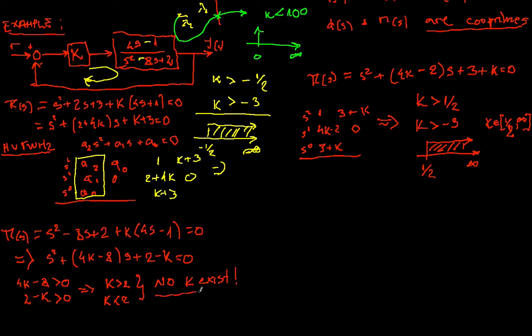In other words, we demonstrate that in this case, there is no gain that can stabilize, no gain that makes a stable closed loop system.